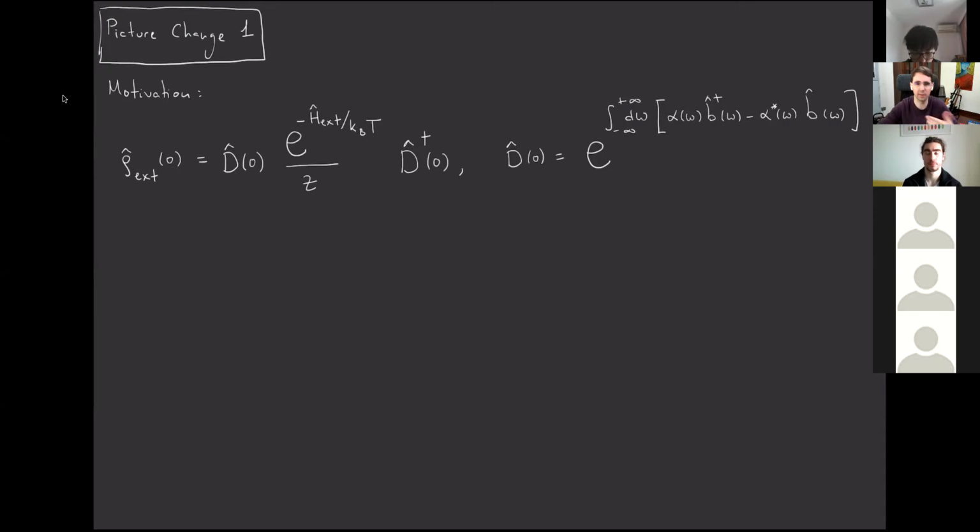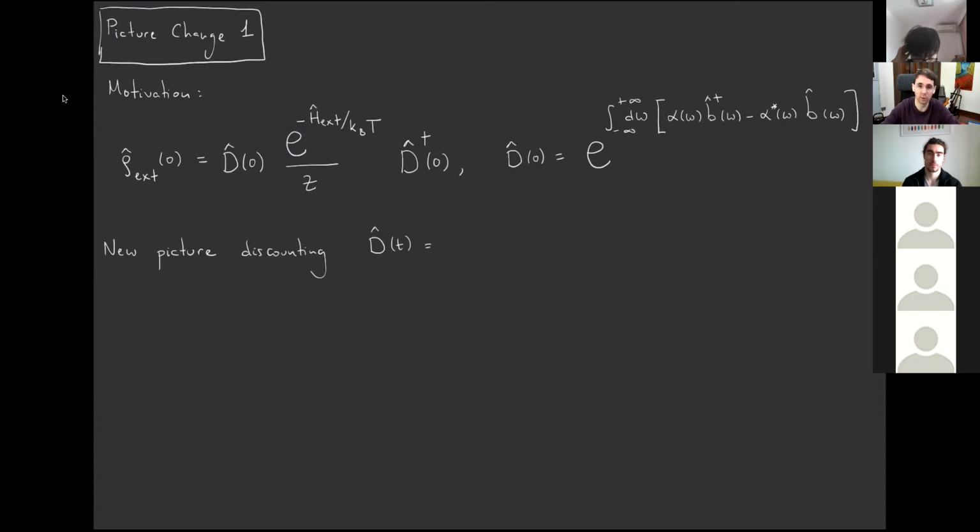And then this is easily done. So for this, all we need to do is, as you can imagine, we just have to move to a new picture defined by a transformation, a change operator, in which it discounts some displacement, okay?